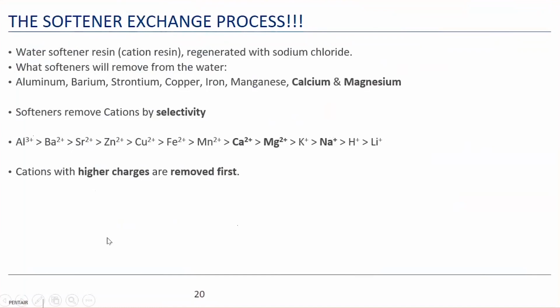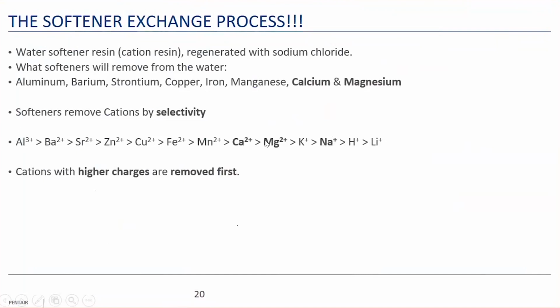So if you're dealing with high levels of iron, aluminum, barium in the water, or any other really exotic stuff, that is going to require more salt to get it off the resin. We need more helpers to pick it up, more charge equivalents to get rid of this. I need 3 sodiums to get rid of 1 aluminum.